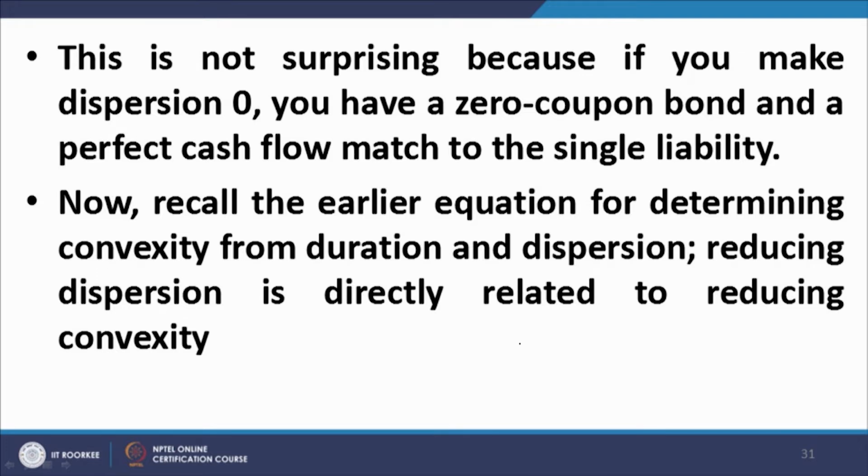Now, recall the earlier equation for determining convexity from duration and dispersion. Reducing dispersion is directly related to reducing convexity. You would recall what was that equation? Convexity is equal to D mac square plus D mac plus dispersion.